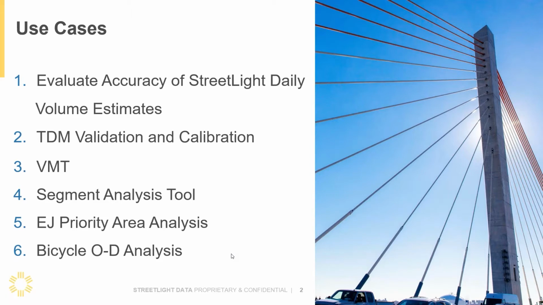And lastly, I'll say a few words about the StreetLight segment analysis tool that Colleen Hosley from the MPO has been using recently. Then Ben will talk about the EJ analysis that he's been working on. And lastly, he'll describe the results of a bicycle origin destination analysis that Bill Holloway from the MPO has been working on.